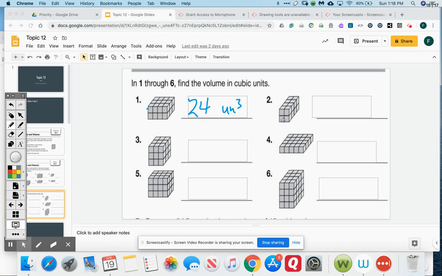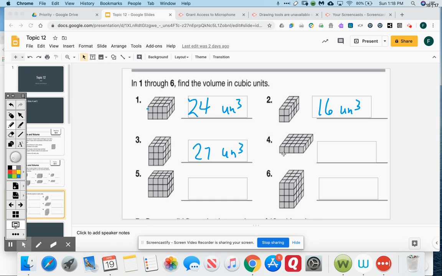Here we've got 1, 2, 3, 4. 4 times 1, 2, 3, 4 times 4. And I get 16 units cubed. 3, 6, 9. And 9 times 1, 2, 3. 9 times 3. And I get 27 units cubed.